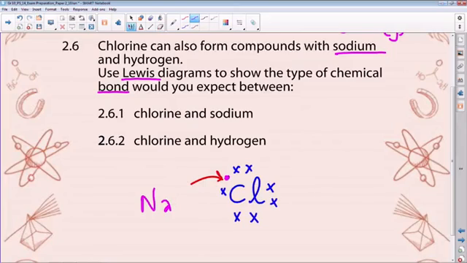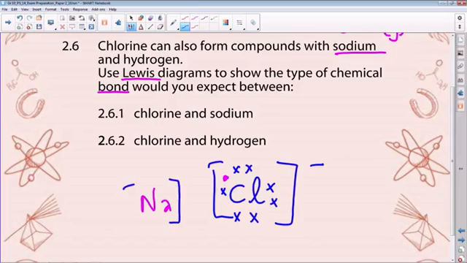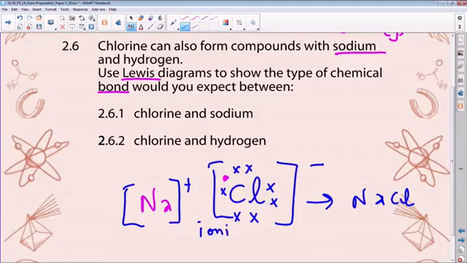Very important for us to note that. So once we have that, we have chlorine being negative and sodium being positive. Then we get our NaCl, which is our salt. So this is typically ionic bonding.